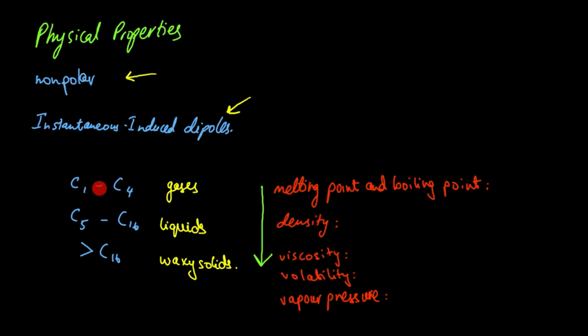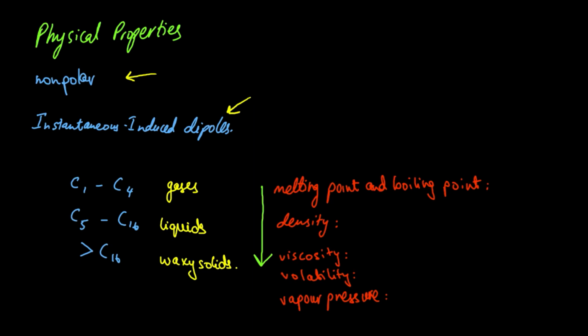Now, after that, from carbon 5 to carbon 16, we have them in liquid state. And then above carbon 16, meaning carbon 17, 18, 20, and however large the alkanes can become, they will exist as waxy solids.